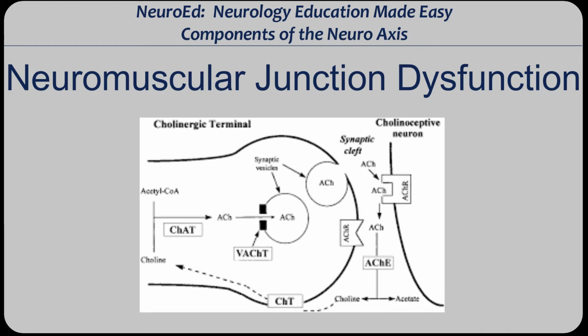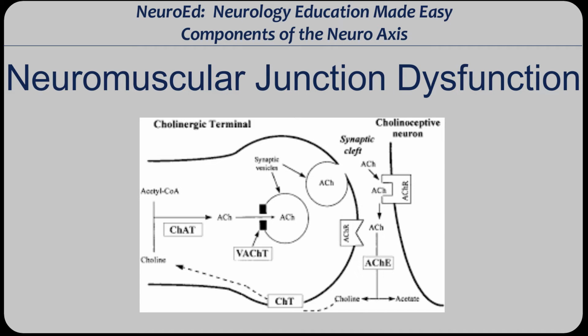What are the byproducts of this breakdown? It's acetate and choline. Once broken down, the choline is taken up by the nerve terminal, and then it is reused to form another molecule of acetylcholine. To understand pathology, you must understand what's normal.